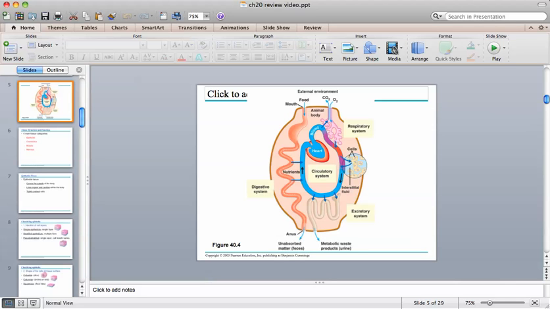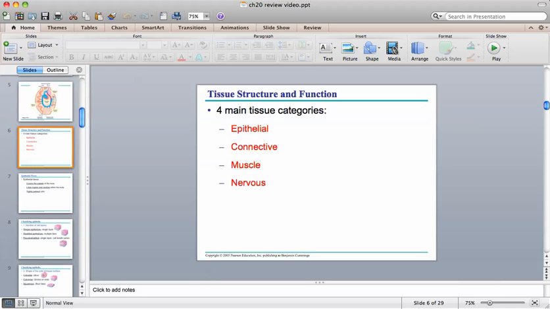But these particular organ systems allow the organism to meet the challenges that all animals encounter. So before we get into looking at any of the particular organ systems, we really want to talk about tissues and the function of these major tissues that all animals are made of.